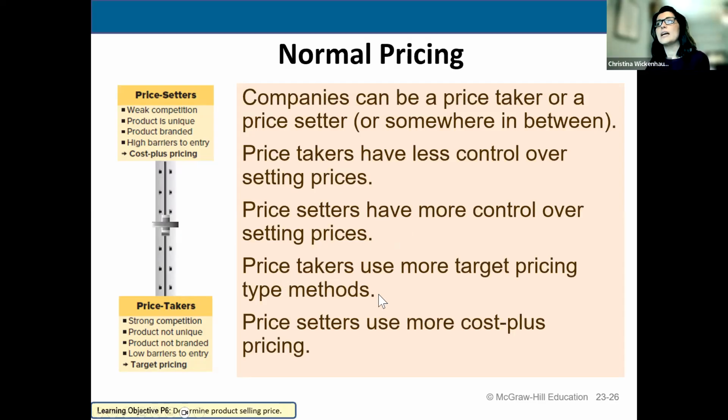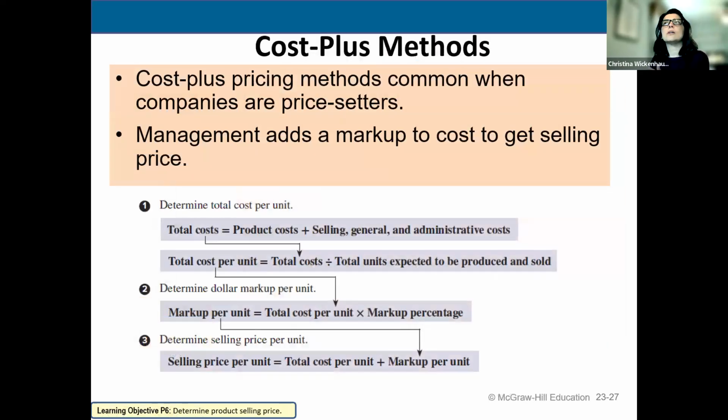Then we have price takers use more target pricing methods, which we talked about, and price setters use more of the cost plus methods. This is again common when you're a price setter, and they will mark up the cost to get the selling price. So products plus their selling, administrative, and general costs give us our total cost.